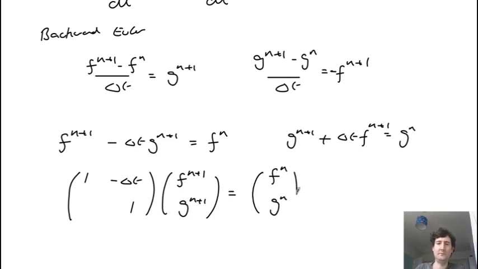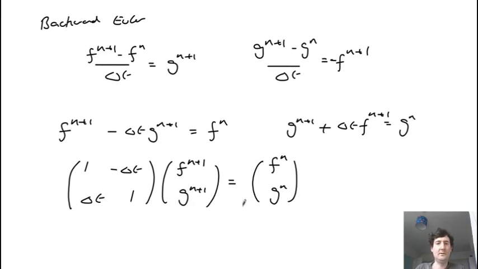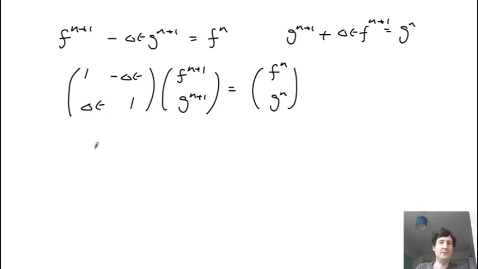Then the second one is delta t times fn plus 1 plus gn plus 1, which equals gn. And of course we just invert this equation, and so we end up with fn plus 1.